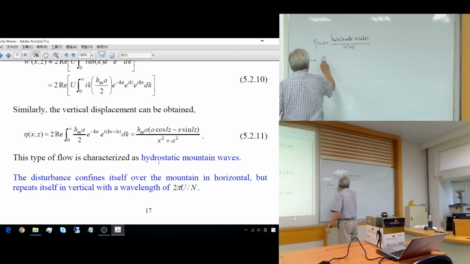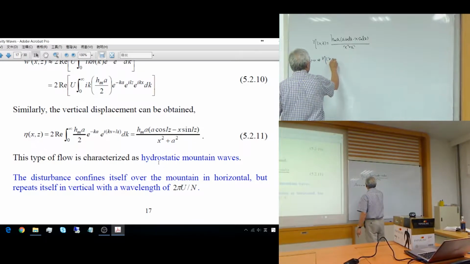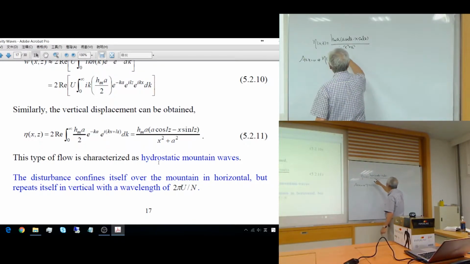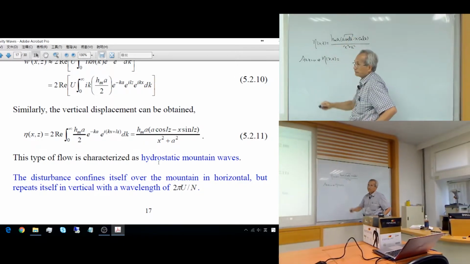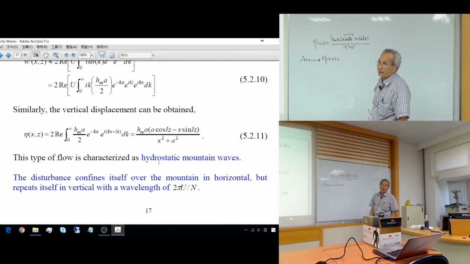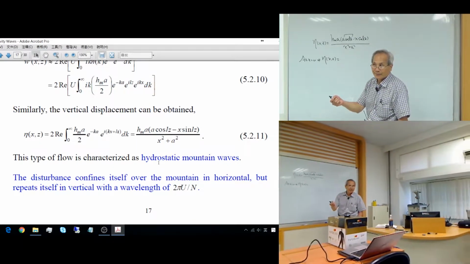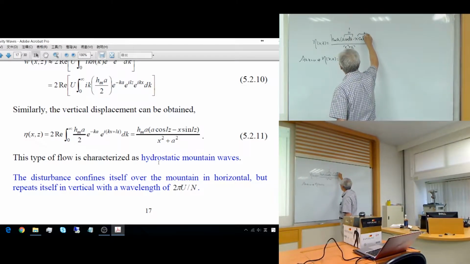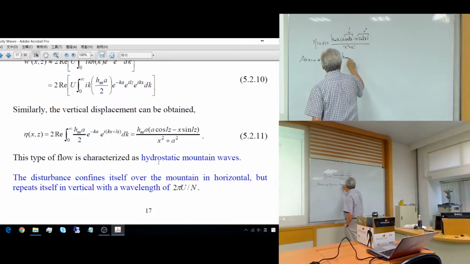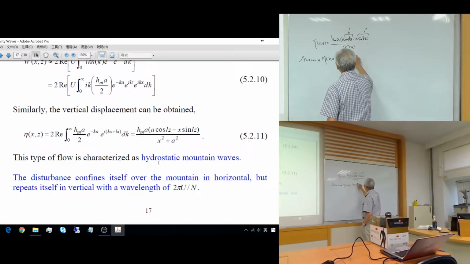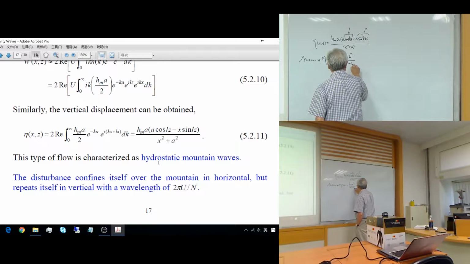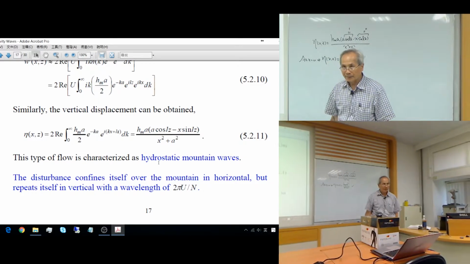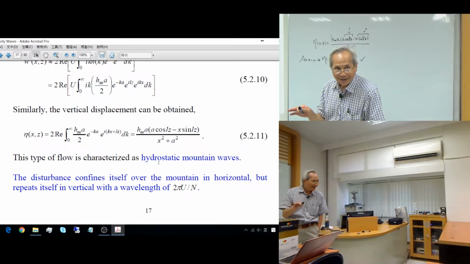So eta at g equals 0: cosine 0 equals 1, and sine 0 equals 0, so this term is gone. This is 1, so that is Hm A, which becomes A squared divided by X squared plus A squared. That's correct. So that's one very simple way to check whether your solution is correct.